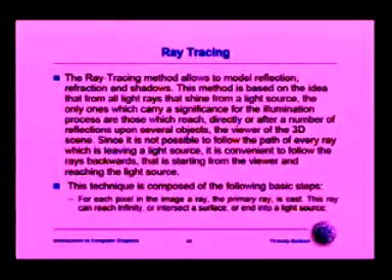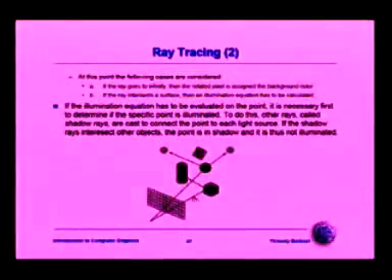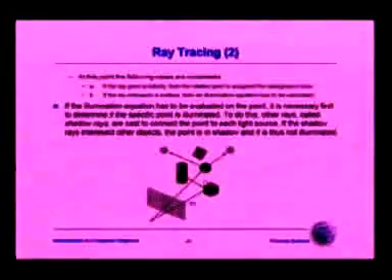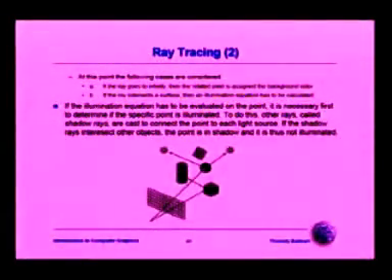What is the idea? For each pixel in your raster, you cast a ray from the center of projection to the scene and check if this cast ray can reach a light source. Now you understand why it's called backward ray tracing.